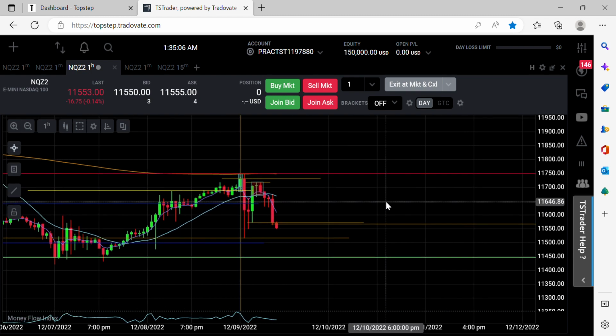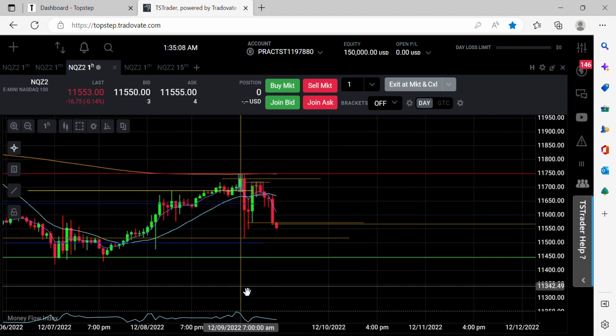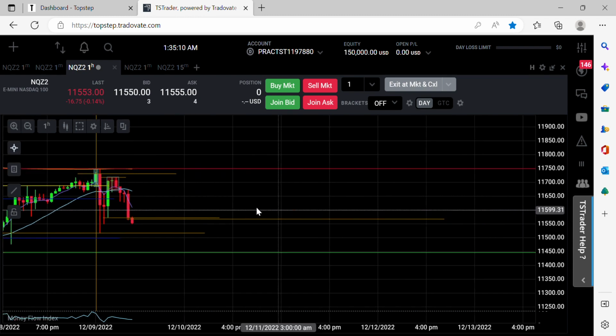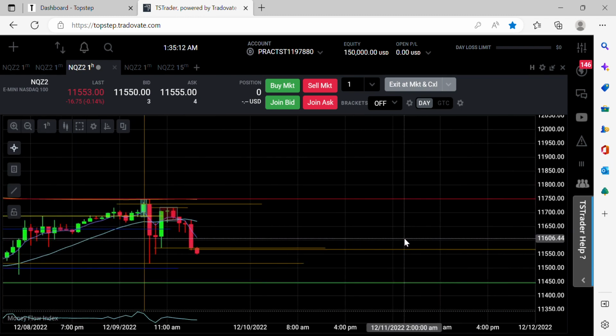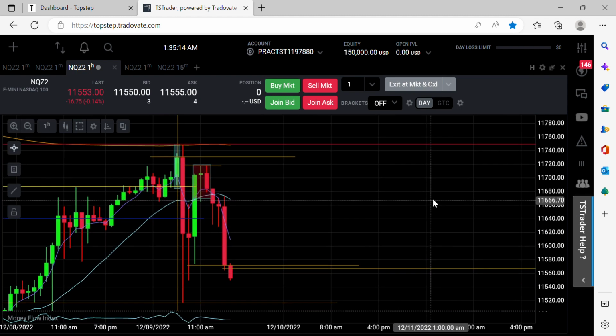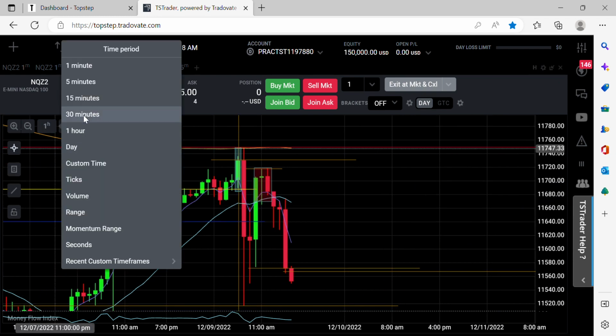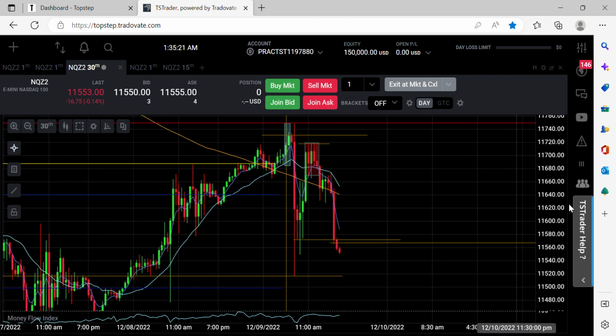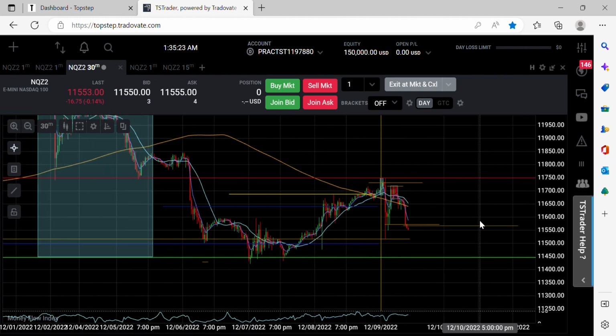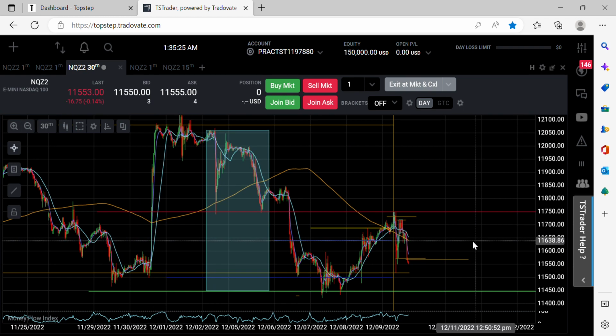So now we're ready to look at our opener at 7 a.m. So let's pull this up a bit. And let's go down to 30-minute time frame. And we can continue to look at similar data.